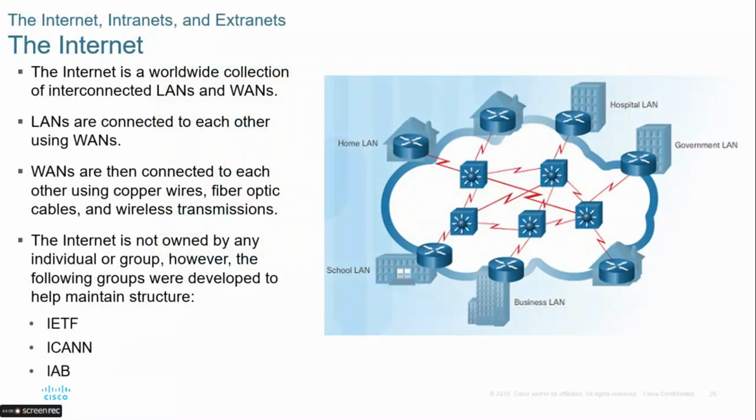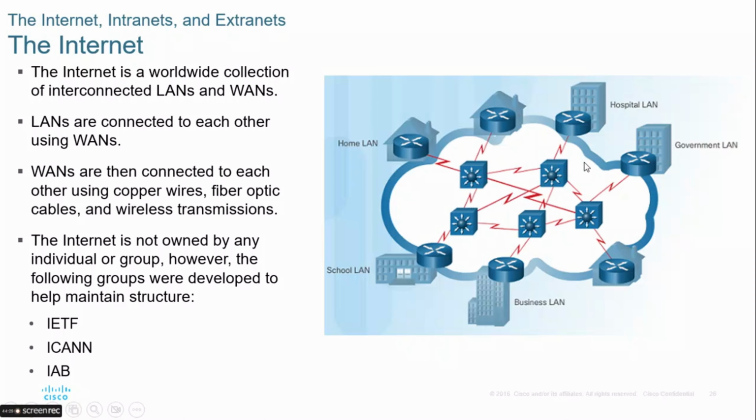The internet. Now when you come to the internet, it is composed of interconnected LANs and WANs. So multiple WANs form the internet. As you can see, the ISPs are many.